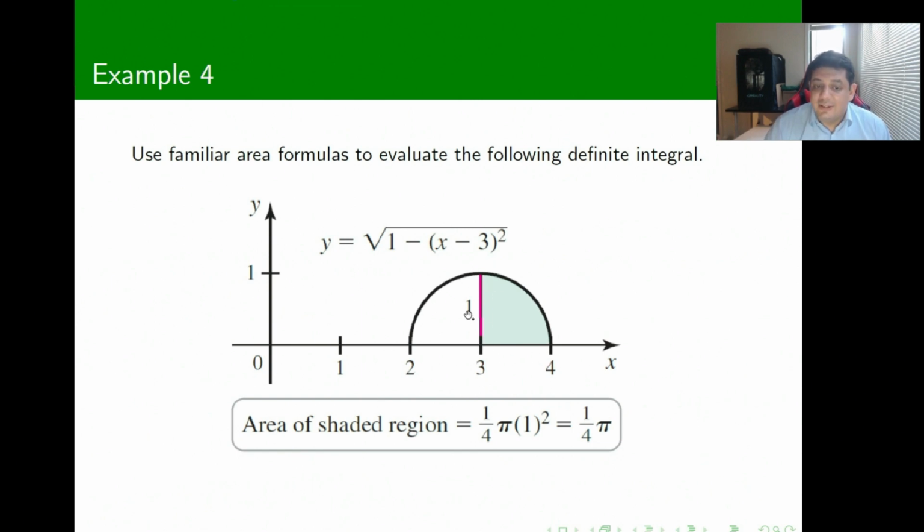Notice that this is a radius 1 circle, and normally the area of a circle is pi r squared, but I'm just taking a quarter of that circle. So I divide by 4: 1/4 times pi times 1 squared. So this is going to be pi over 4.